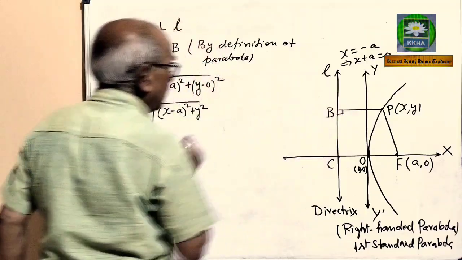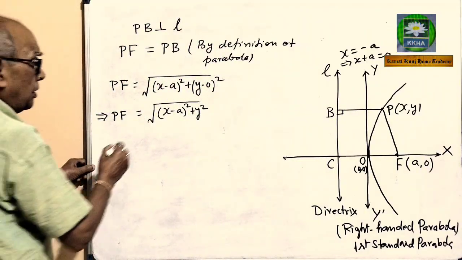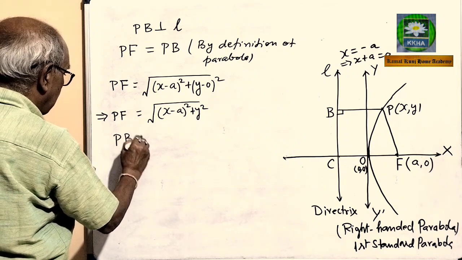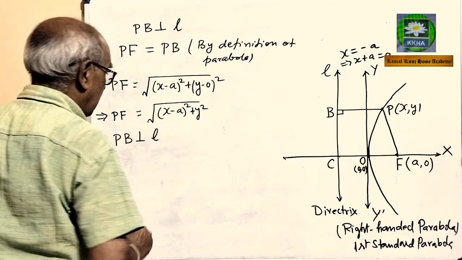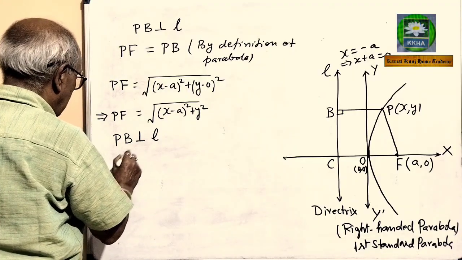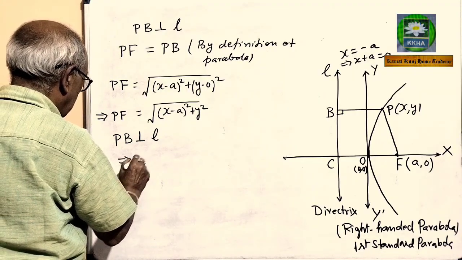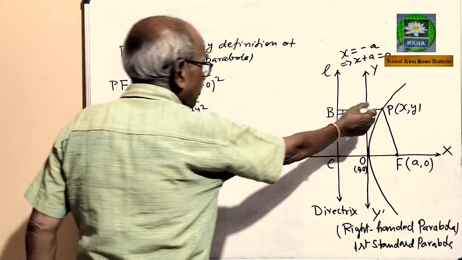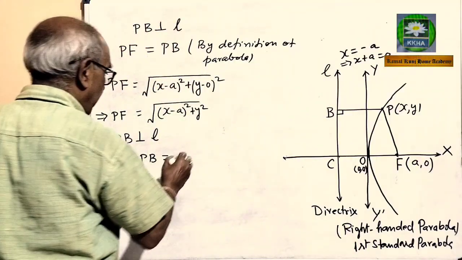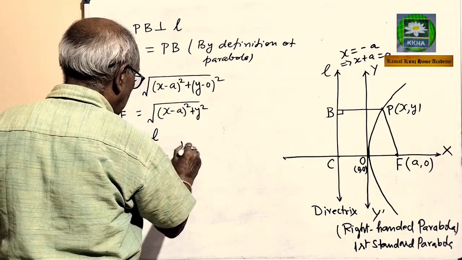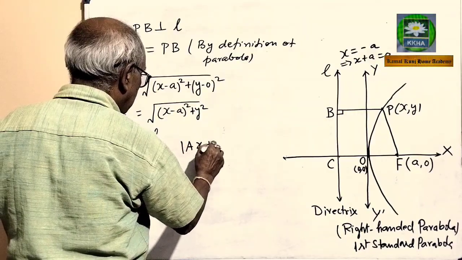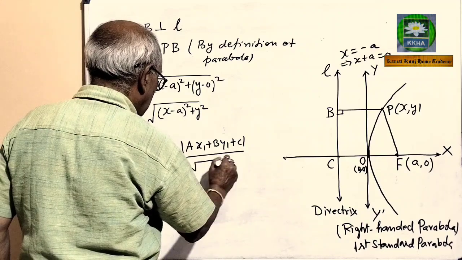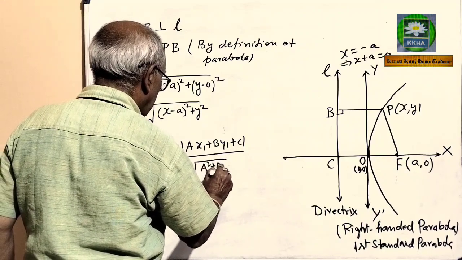Now PB is perpendicular to the directrix. So this implies that PB will be equal to the perpendicular distance from P to the directrix. The formula is A x1 plus B y1 plus C over root of A square plus B square.